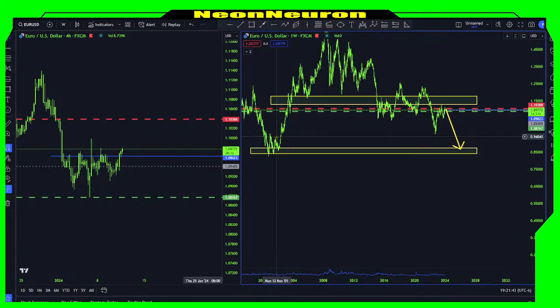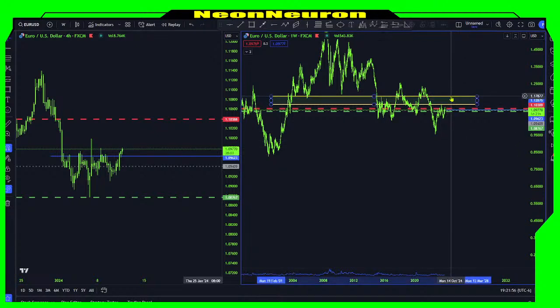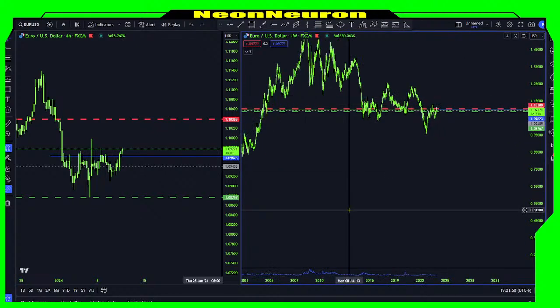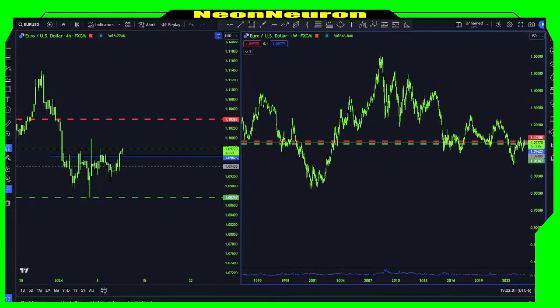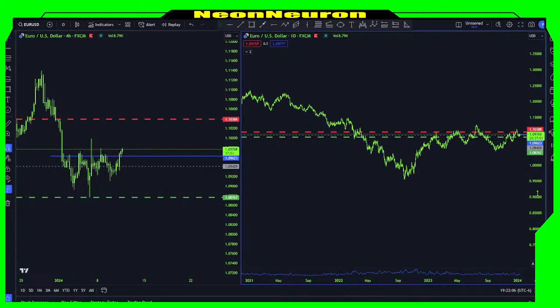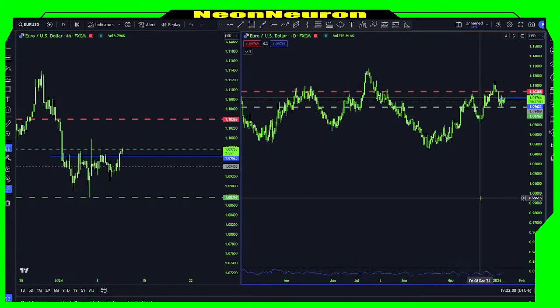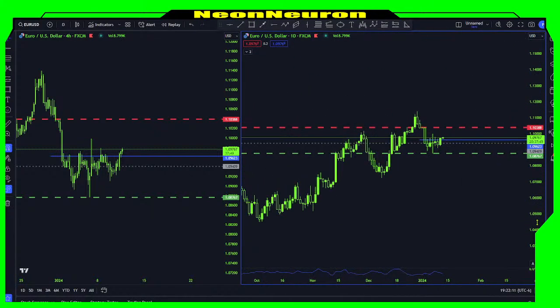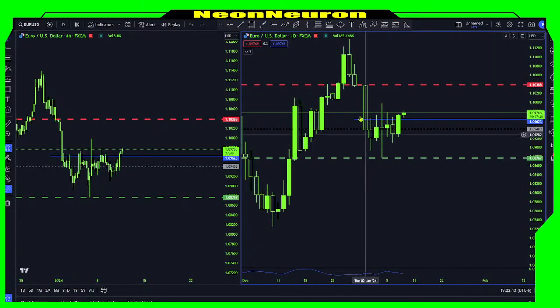So somebody's got a ton of money and is just sitting on it waiting for this move and then maybe buying it here and pushing it back up to test this area. But we don't play that because we don't have that kind of time and we don't have that kind of money. So let's get back to reality. Let's go to the daily, which is what we're looking at. We can see that the move is down with a possible attempt here.